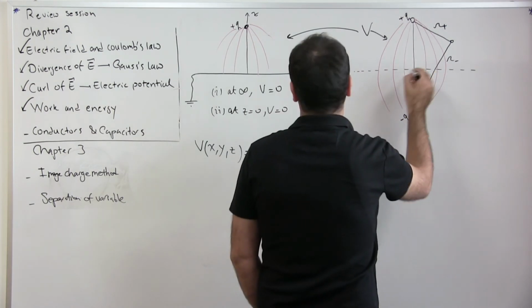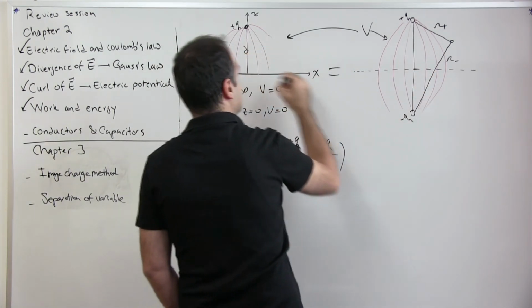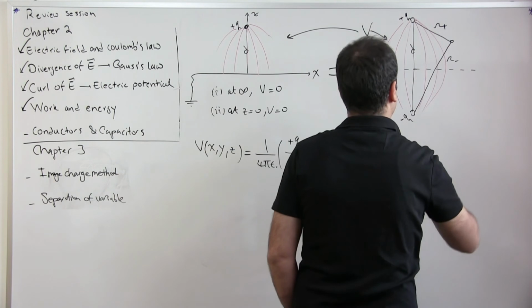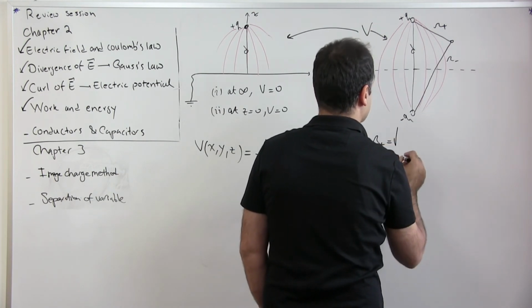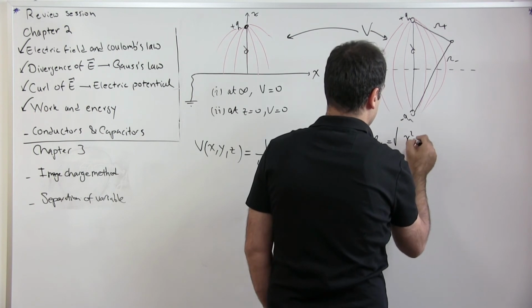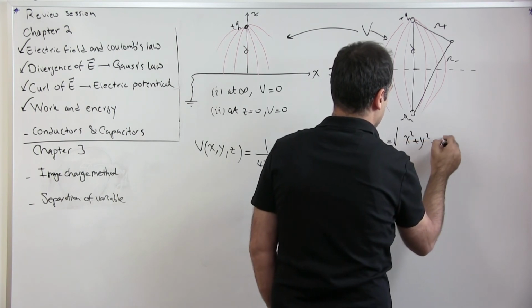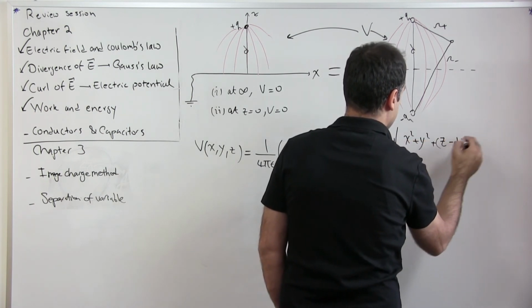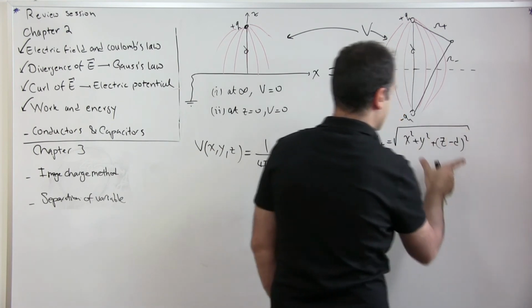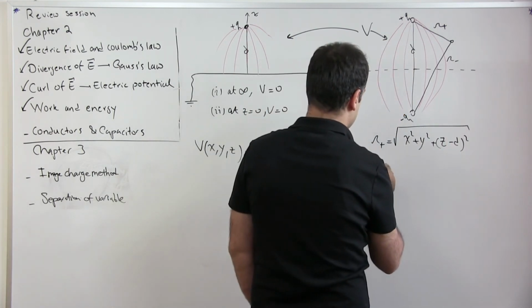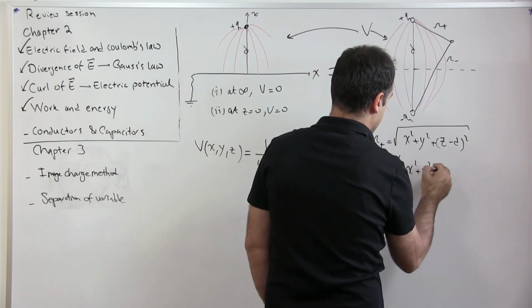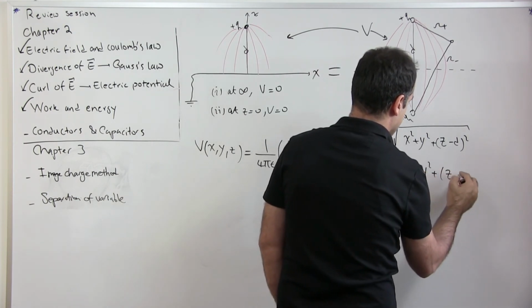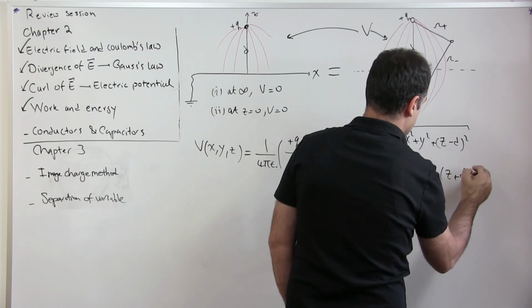And they can be written in terms of x, y, and z, okay? So if the distance here is d, same as here being d, r plus is the square root of x squared plus y squared plus (z minus d) squared, and r minus is the square root of x squared plus y squared plus (z plus d) squared.